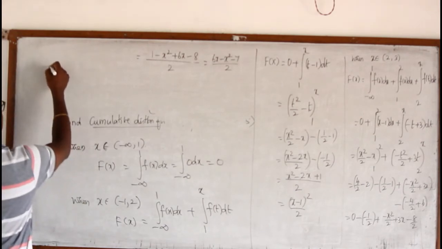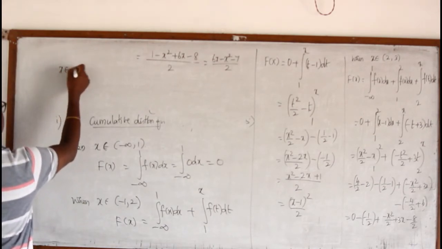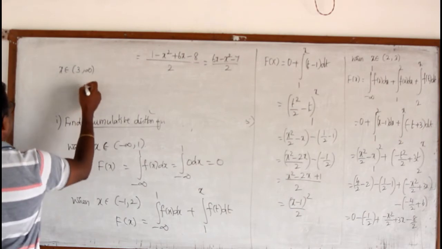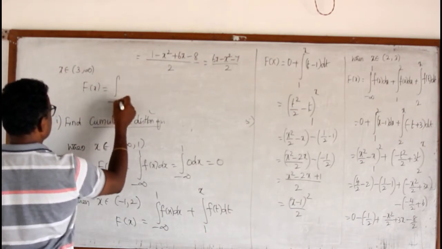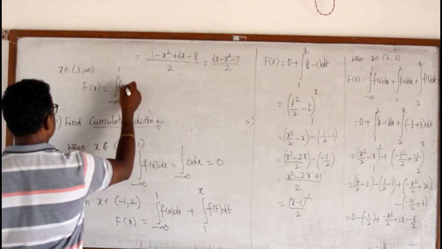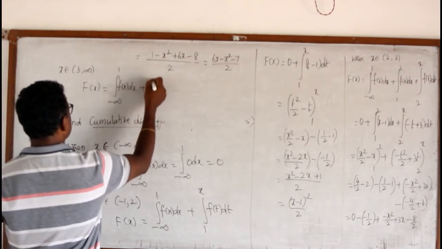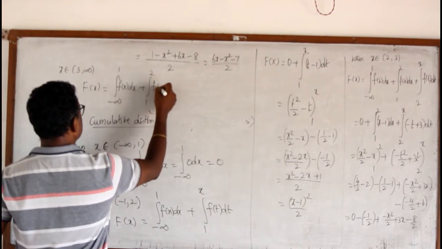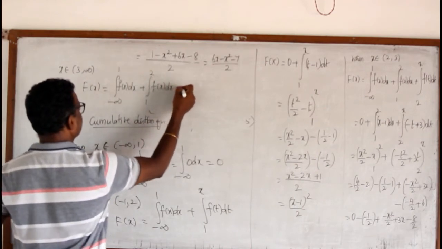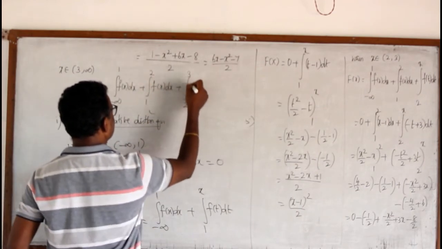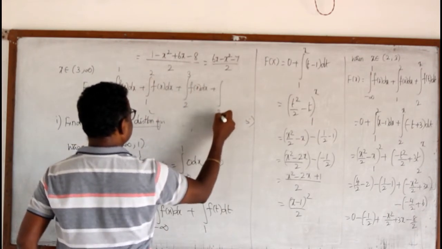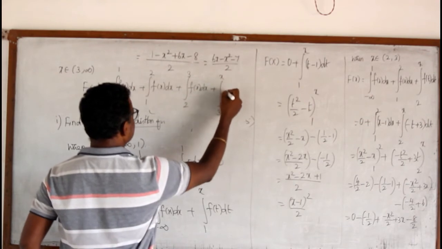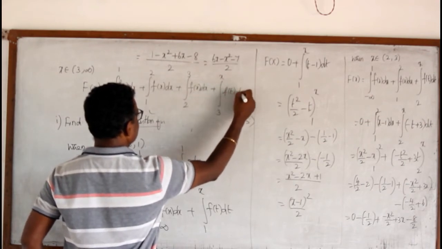Now, when x belongs to 3 to infinity, that is f of x is from minus infinity to 1 f of x dx plus 1 to 2 f of x dx, then from 2 to 3 f of x dx, and from 3 to x, here it is f of t dt.